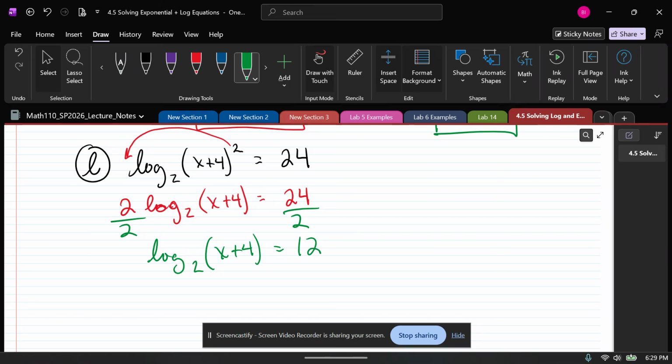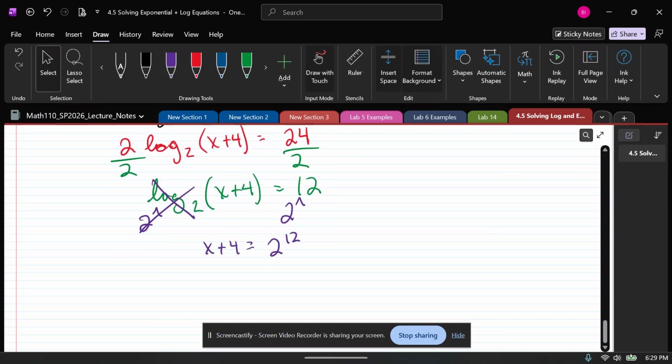Now I'm going to get rid of the logarithm by exponentiating with a base of what? 2. What happens to the base 2 and the logarithm on the left-hand side? They cancel each other out. So I have x plus 4 is equal to 2 to the 12th power.